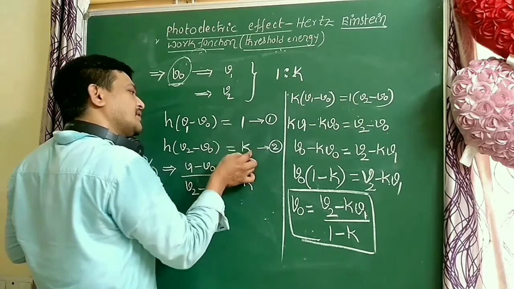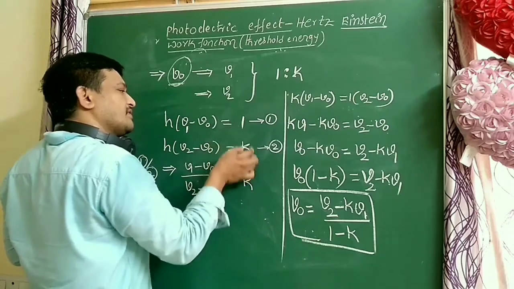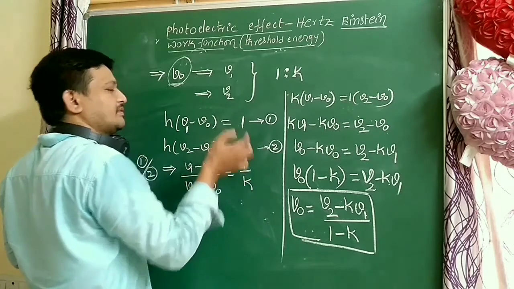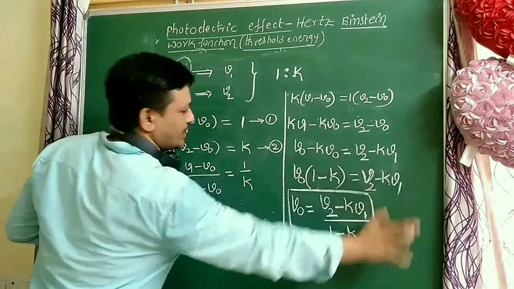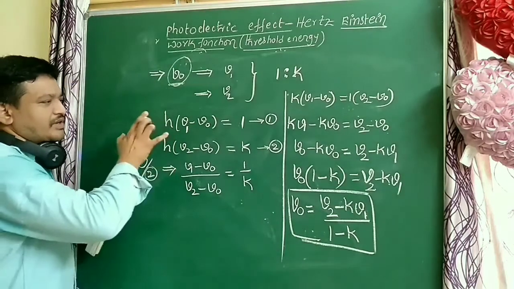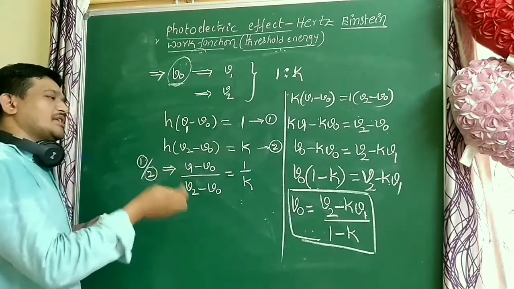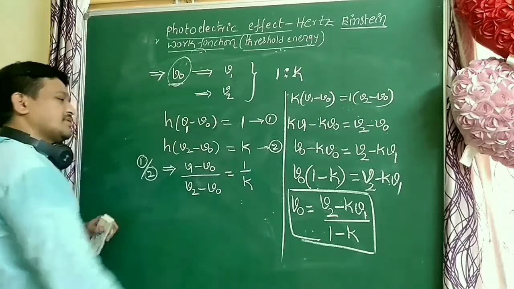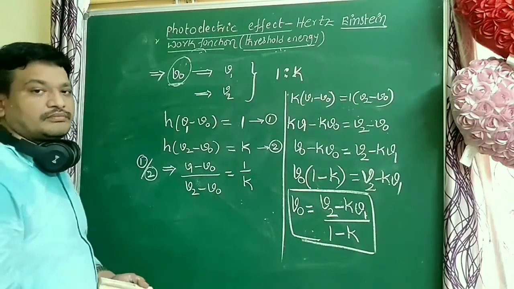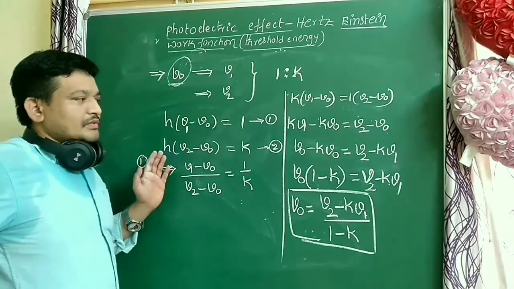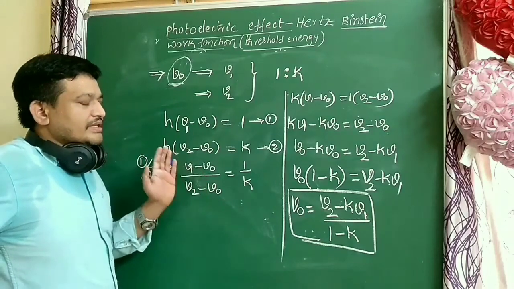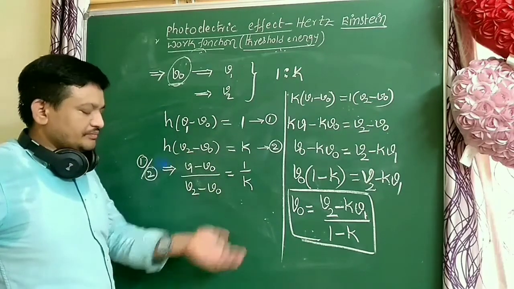Here 1, here 3. So 4:5 is given, this is the 4, this is the 5. So I have to simplify in this manner. This is a very important model. This model is there in so many books. Is it clear, students? This is very important.